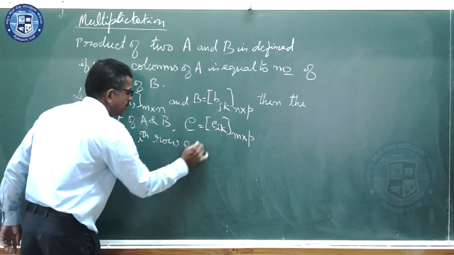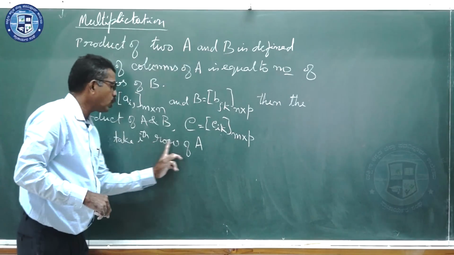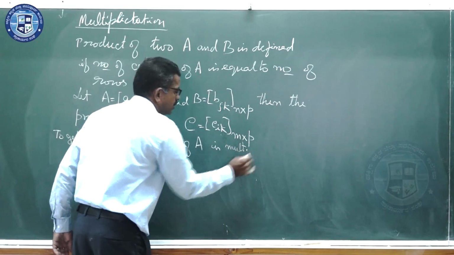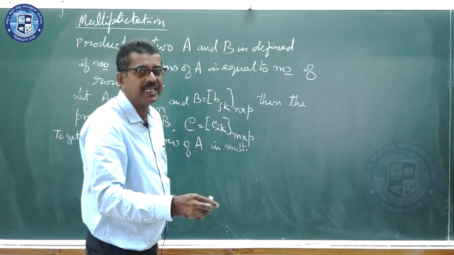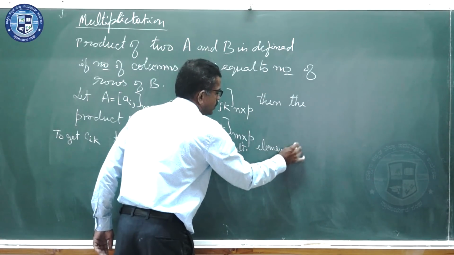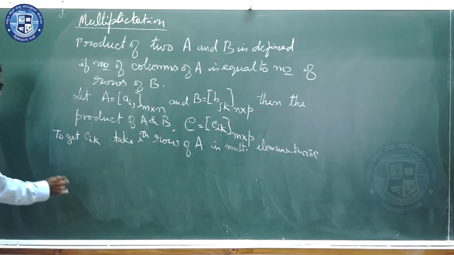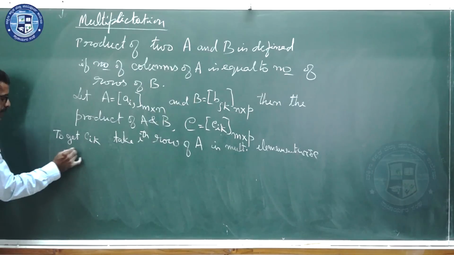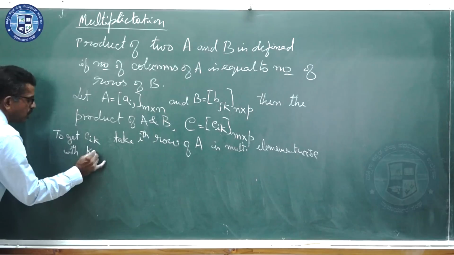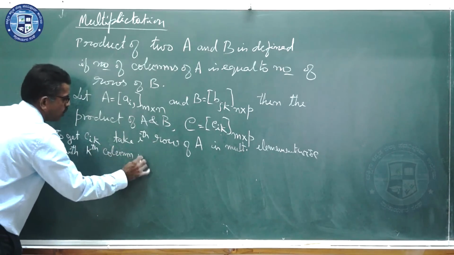When you multiply A and B, the ith row of A is multiplied element-wise with the kth column of B.